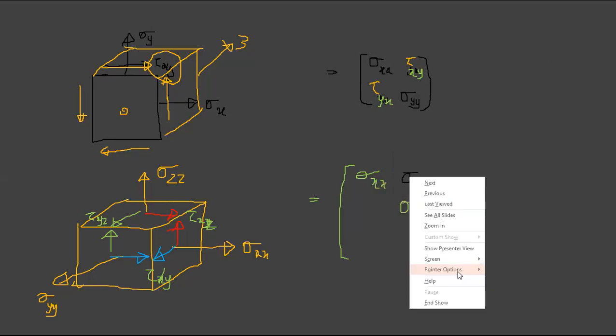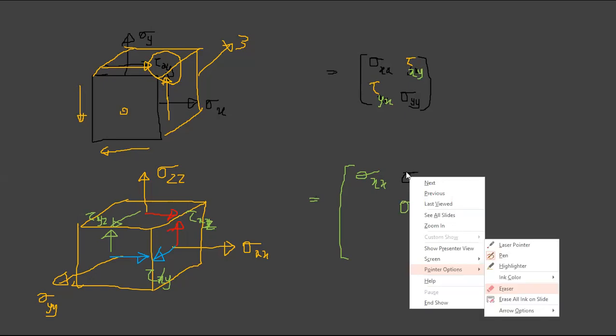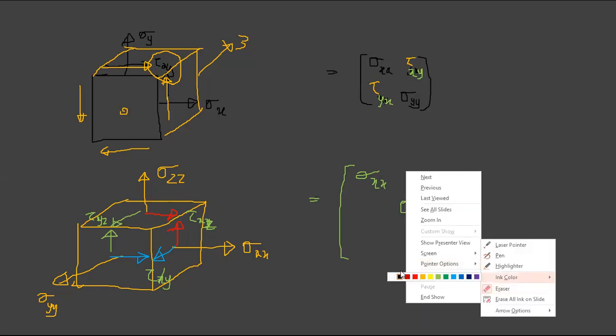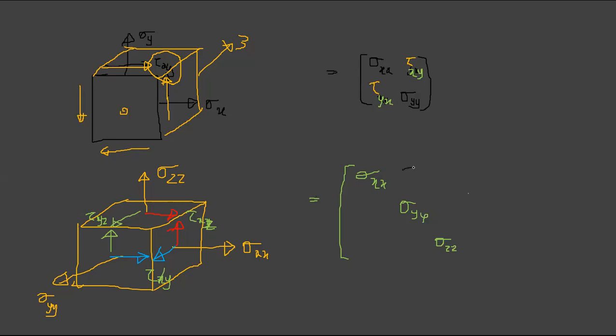Sorry, again I wrote sigma. So this is tau xy, this is tau xz, right?